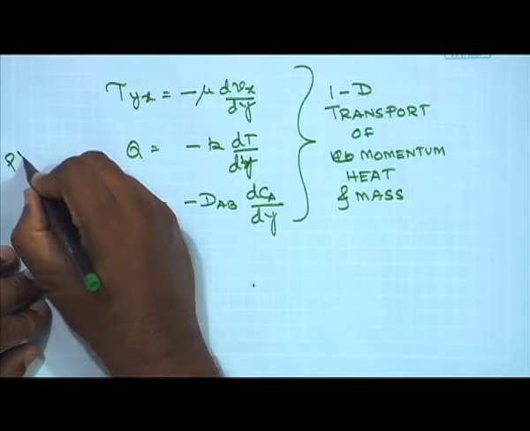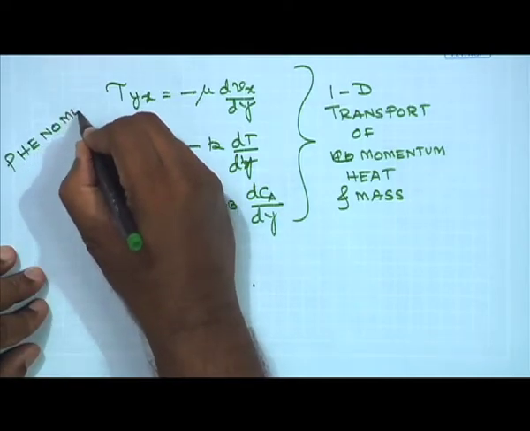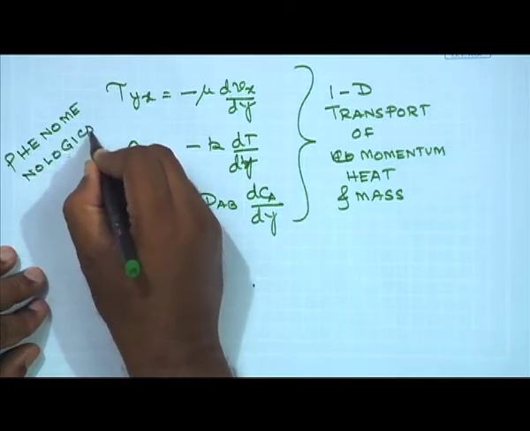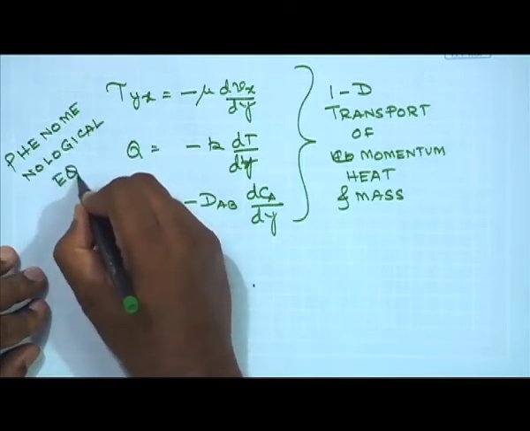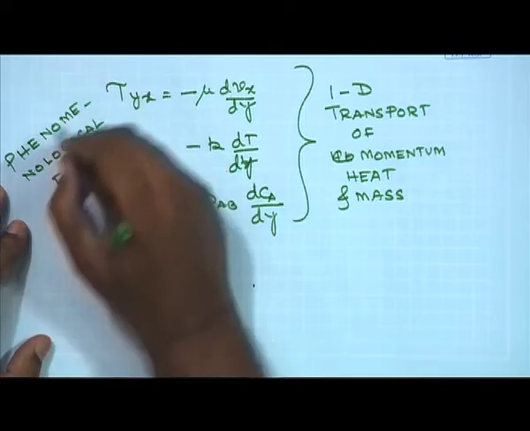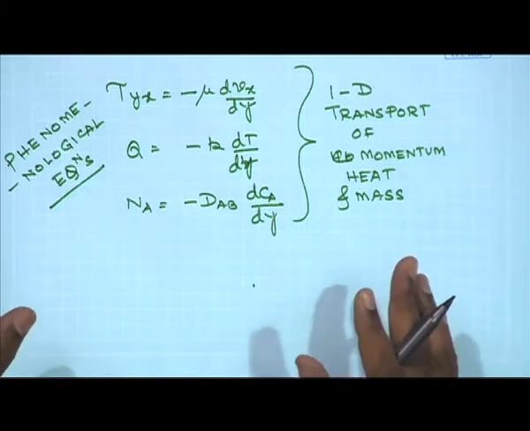These equations are phenomenological in nature. So these are phenomenological relations which cannot be derived, which can be observed, and then you make laws out of this. So these three are going to be the fundamental relations of heat, mass and momentum transfer that we are going to use in this course.